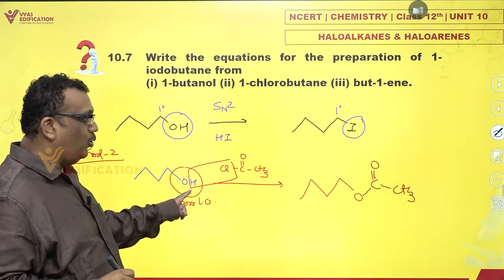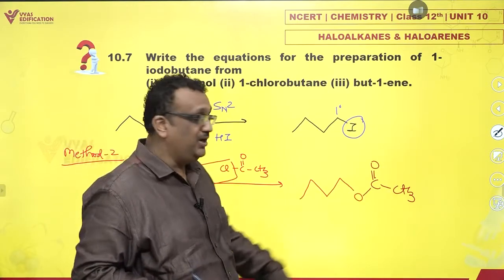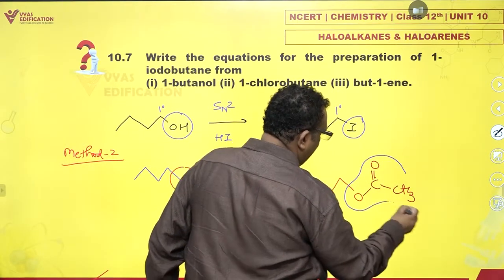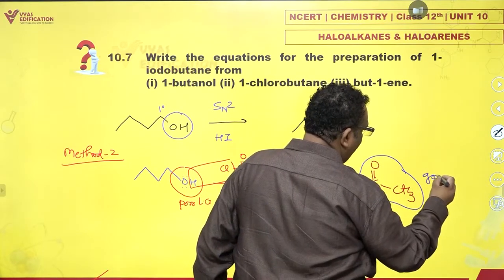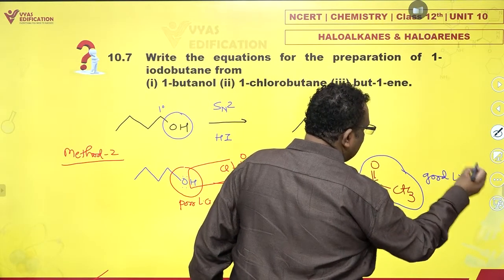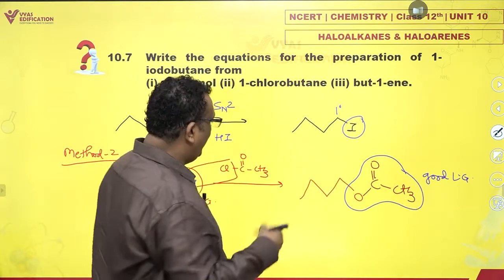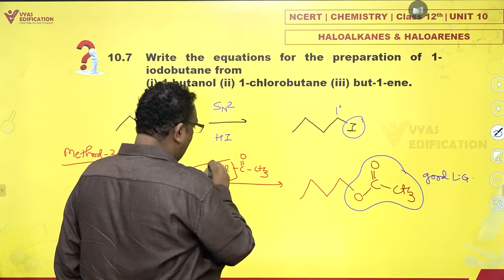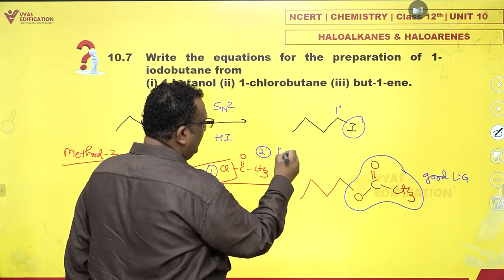Now, this is no longer OH, this is OCOCH3, and this entire group is now a good leaving group. LG is leaving group. In the first step you add this, in the second step you add KI.